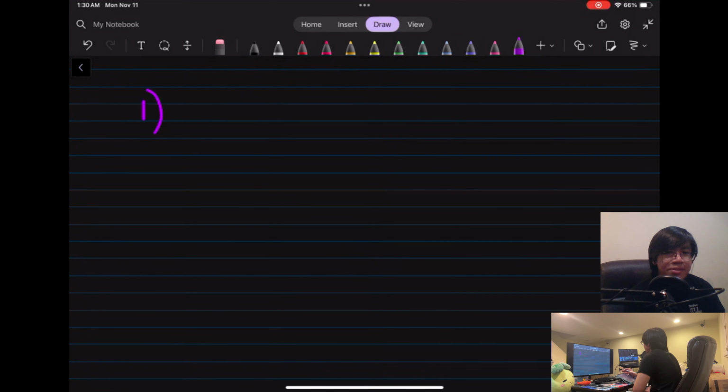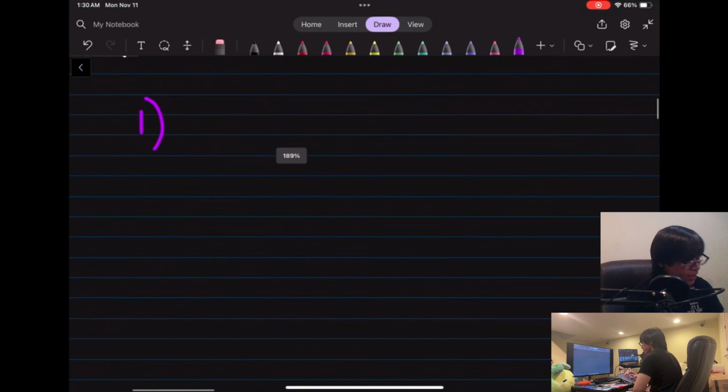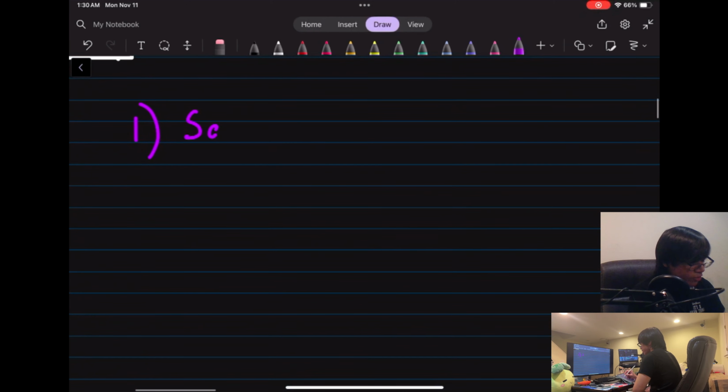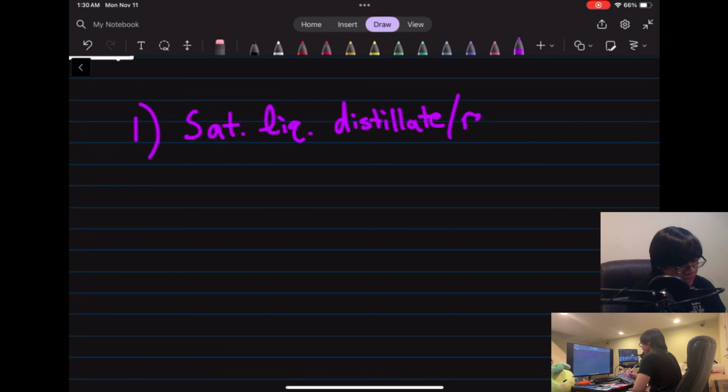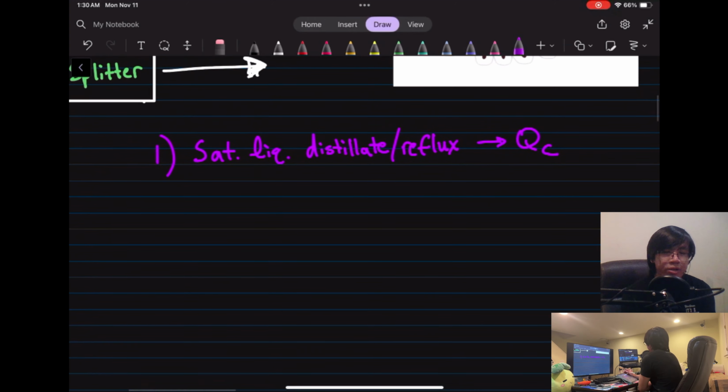Well, these 5 degrees of freedom that we just derived are including that. So for our condenser, we specify that it's usually a saturated liquid, for our distillate and reflux, they're the same.